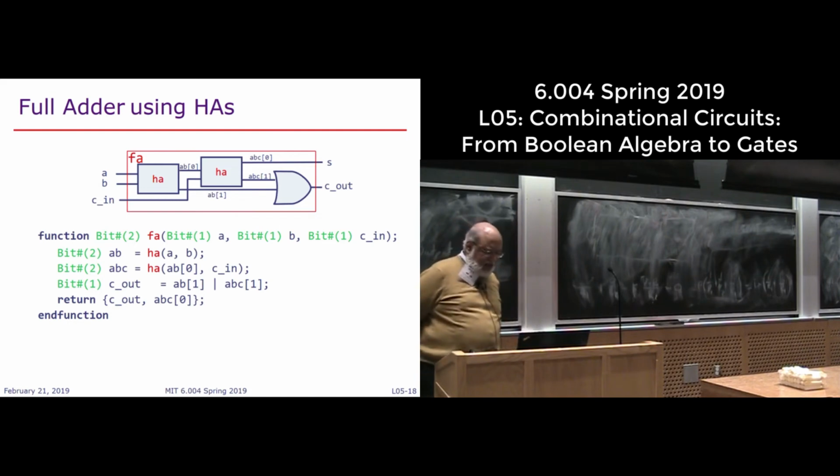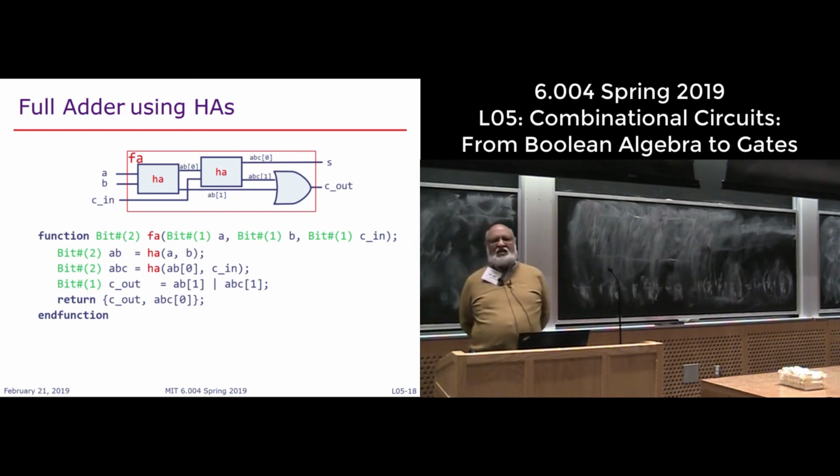And let's see if we can write it, right? So I've named this function full adder. And now I say I'm invoking half adder on parameters A and B. And how big is the output of half adder? 2 bits, right? So AB is a 2-bit quantity.